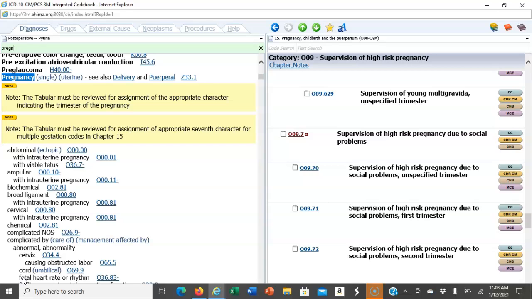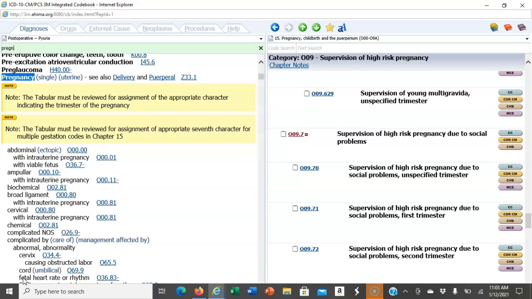But if the reason for the admission was unrelated to the condition resulting in the C-section, then the condition related to the reason for the admission would be sequenced as the principal diagnosis. Okay, so basically what this says is that if it's not a routine delivery, the condition that occasioned the admission should be sequenced first. If they have a C-section, the reason they're having the C-section is typically the reason for the admission.